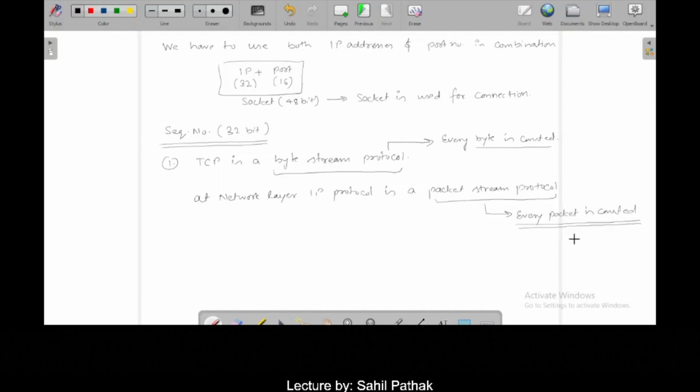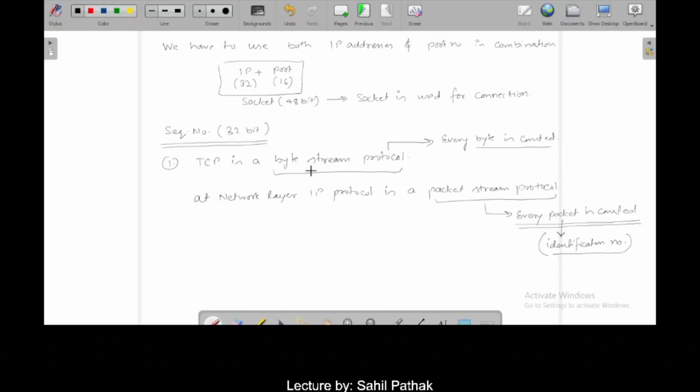We put some number on every packet, and that number is nothing but the identification number. So IP is a packet stream protocol, and to count every packet we have the identification number.